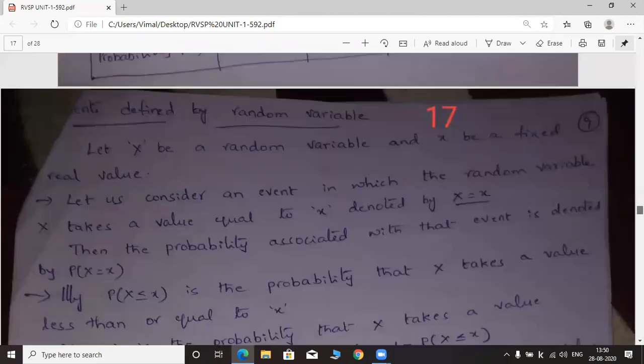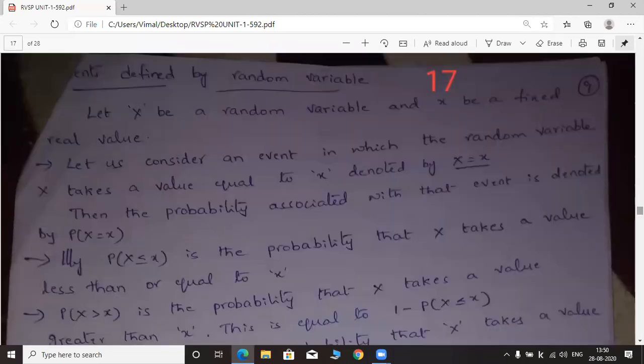Here the random variable can be represented with the letter capital X only. Consider some fixed real value, that is small x. Let us consider an event in which the random variable capital X takes a value equal to small x, denoted by capital X is equal to small x. So how can we calculate the probability for this? Probability of capital X is equal to small x.